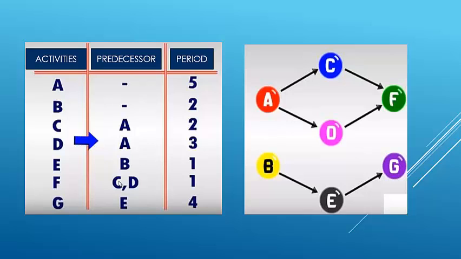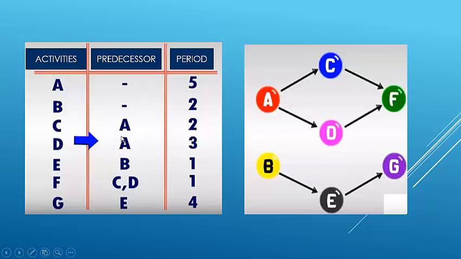For example, the activity A spends five. It could be 5 days, 5 weeks, 5 years, whatever. For example, the activity A spends 5 days, and B spends 2 days.